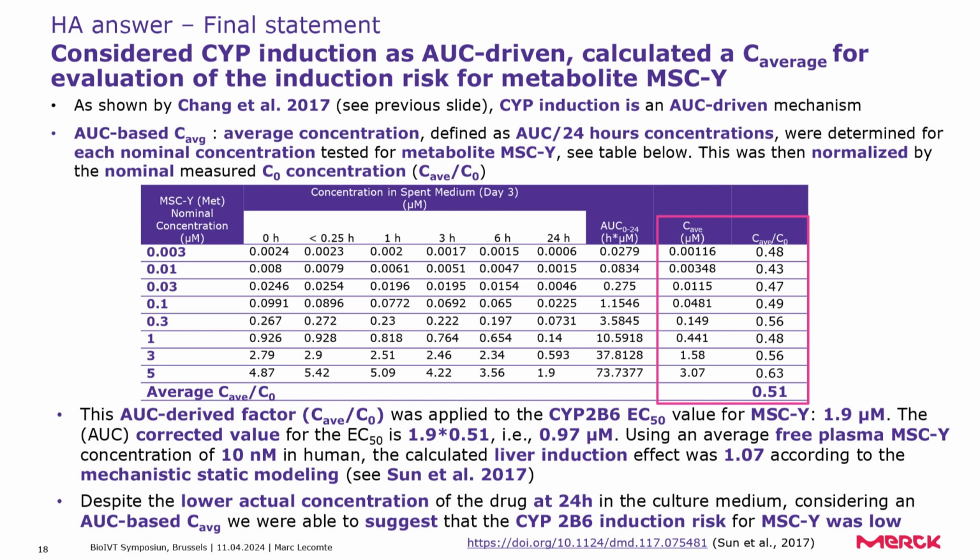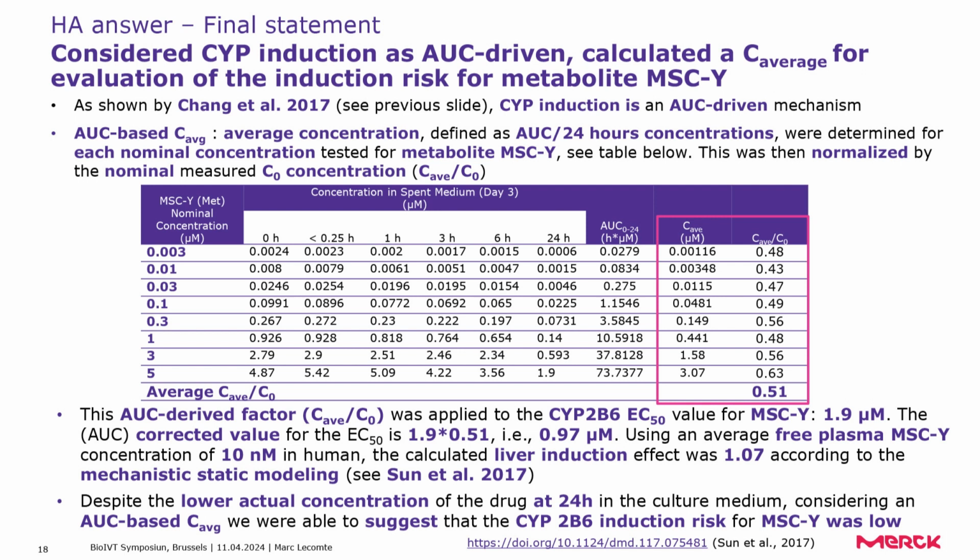The corrected value was the multiplication of this, 0.97 micromolar, and using a free plasma metabolite concentration in human of 10 nanomolar, and applying a mechanistic static modeling.